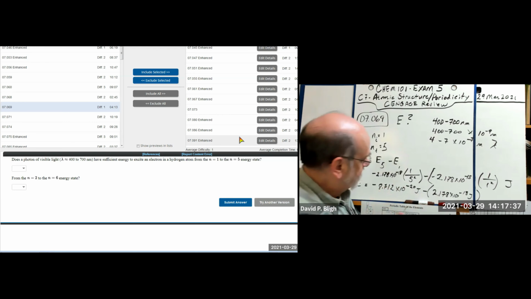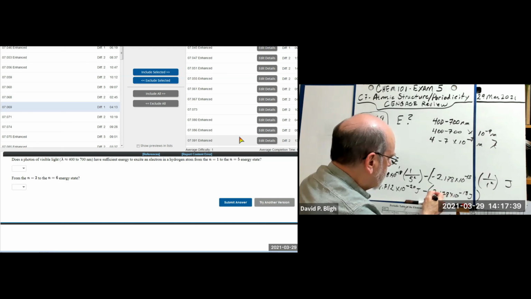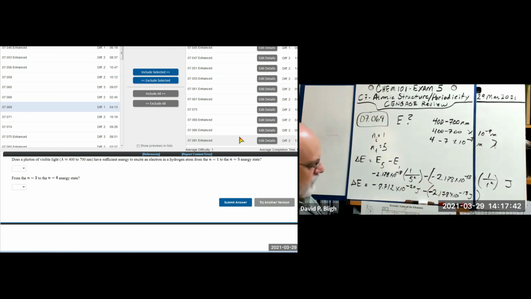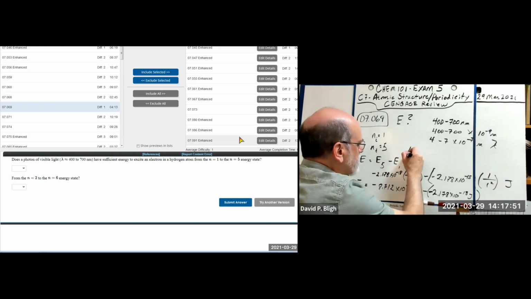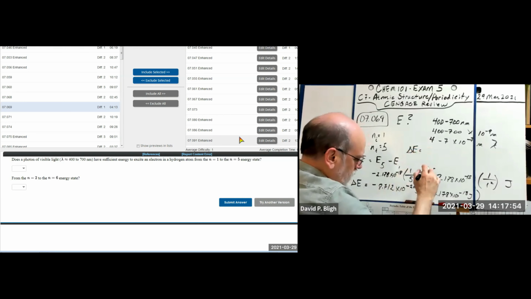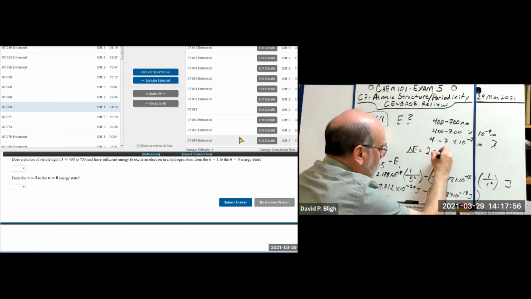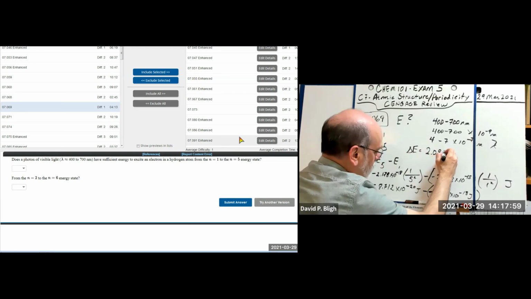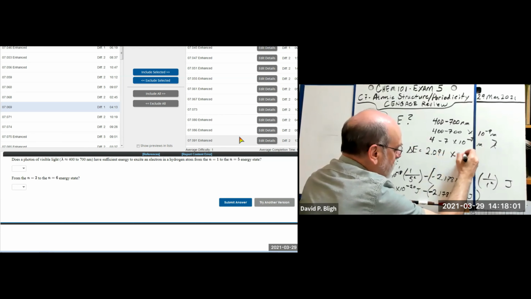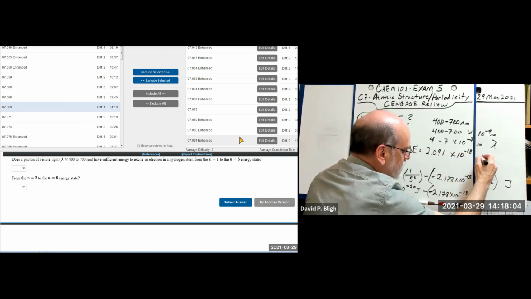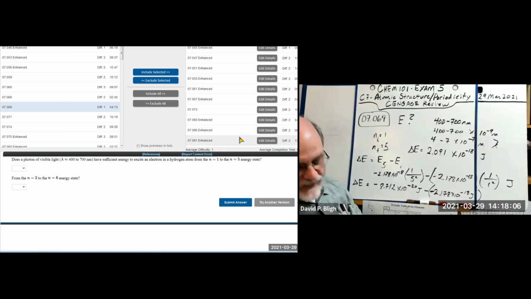Whoops. Left out that negative sign. So this is going to be a positive term here. So the change in energy is equal to a positive 2.091 times 10 to the minus 18 joules. Okay, that's the amount of energy required to raise an electron from 1 to 5.